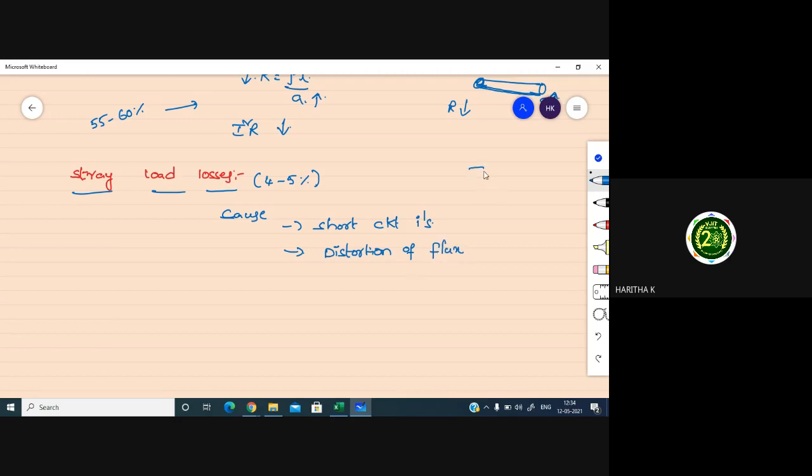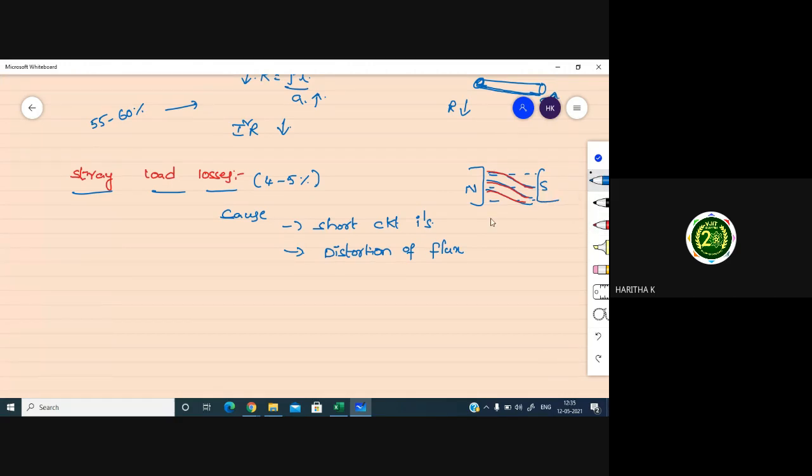See, from the north pole to south pole, the flux is flowing in straight lines. But if the flux is distorted, that means the direction of flux is flowing like this, this is called distortion of flux. So due to this distortion of flux and short circuit currents, these stray load losses will occur, and these are very minimum, and it is complicated to calculate these losses also.